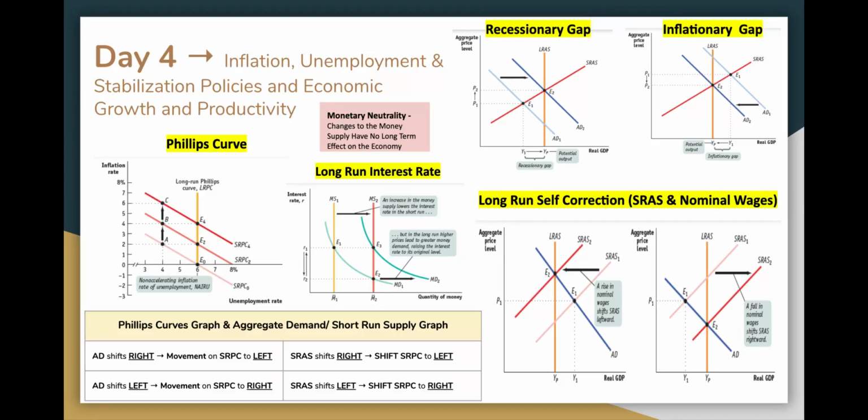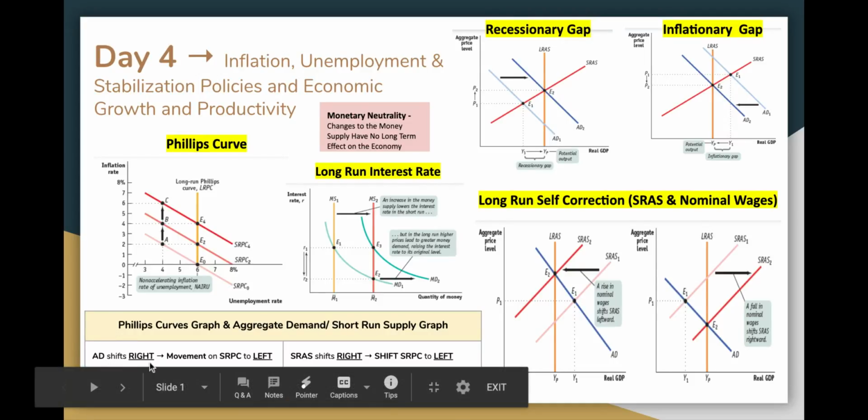Okay, so we're not drawing a new curve. We have arrows that show the movement in the direction. And it's always opposite. If AD shifts to the right, movement is going to be to the left. If AD shifts left, movement is going to be to the right.